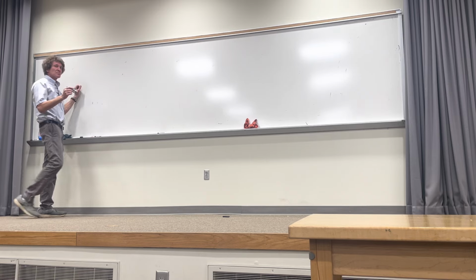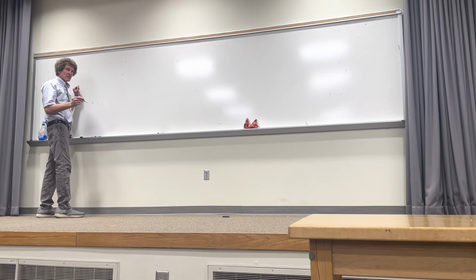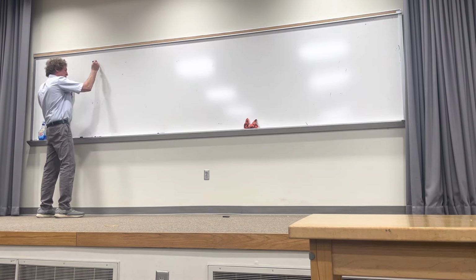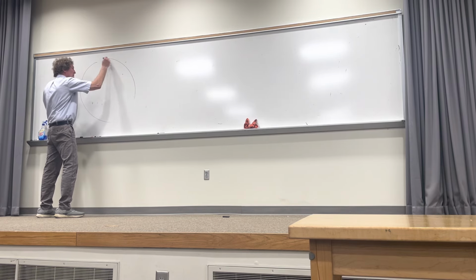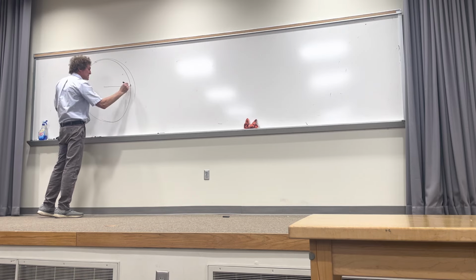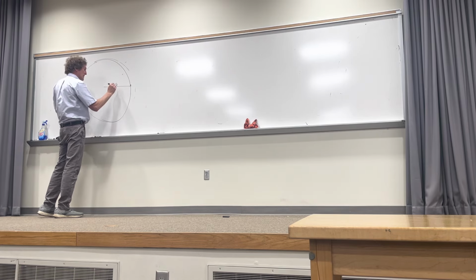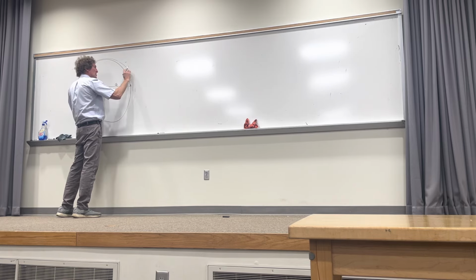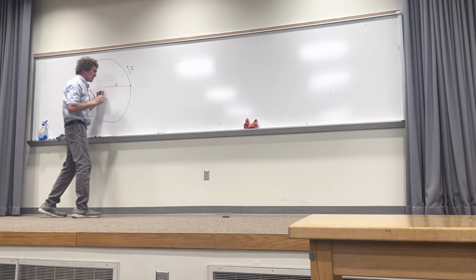Okay, so here's the problem, and I don't know the number on this one, I want to talk about it. Suppose I got a really big loop of wire, that's a single wire, I'll just call it radius A, and it's got a current I flowing in it, like so.